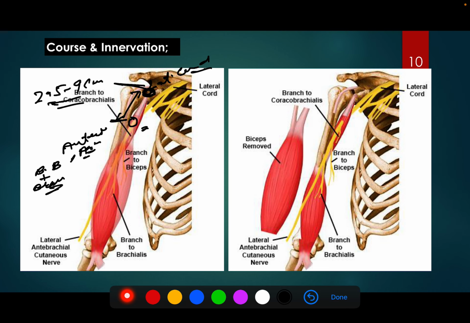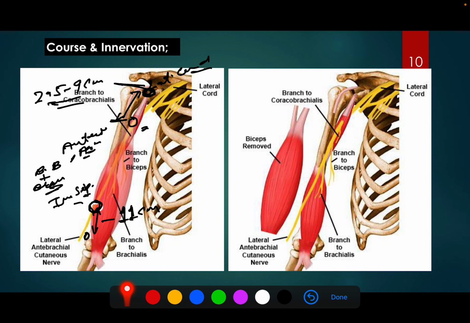It is passing between these two muscles, and as it passes below these two muscles, it pierces the intermuscular septum over here. And this is my lateral epicondyle. So this distance is about 11 centimeters. So 11 centimeters above the lateral epicondyle, it pierces the intermuscular septum, and it comes laterally, and from laterally it moves down.